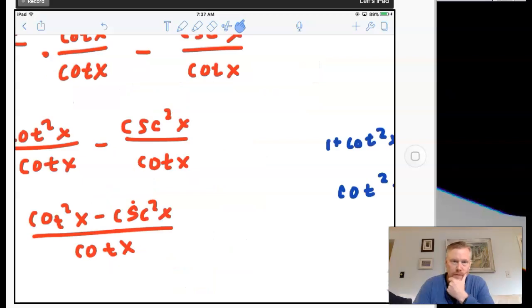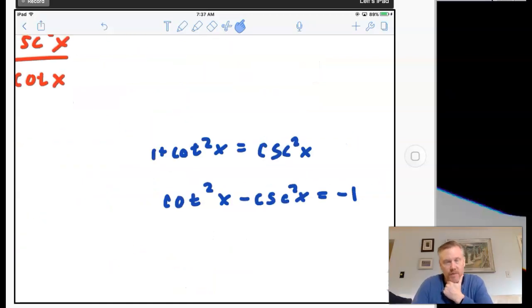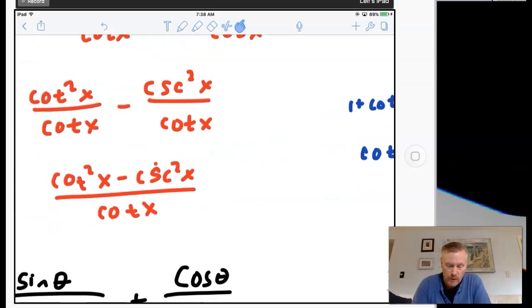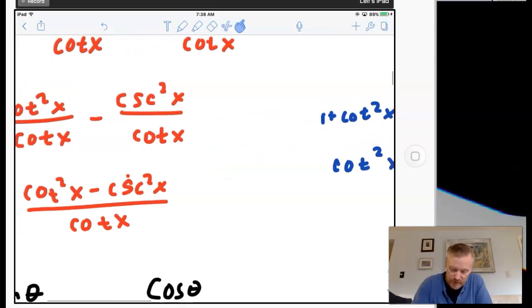So if I look through those formulas and I find this one over here, 1 plus cotangent squared equals cosecant squared. If I took that and manipulated it, brought the cotangent and the cosecant to the same side and then moved the 1 to the right side of the equal sign, you'd get cotangent squared minus cosecant squared equals -1. So that numerator, in other words, is -1.